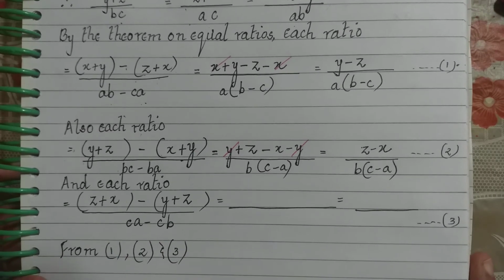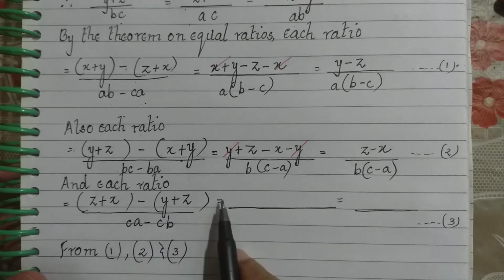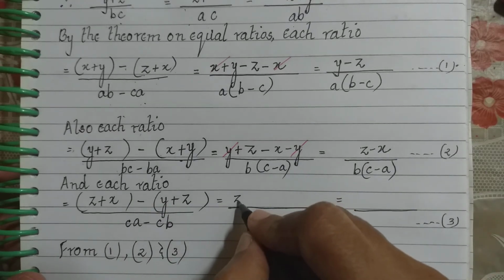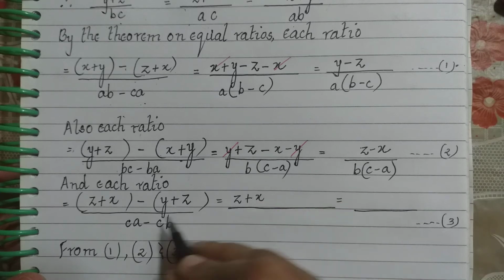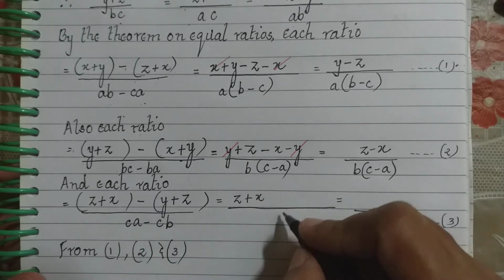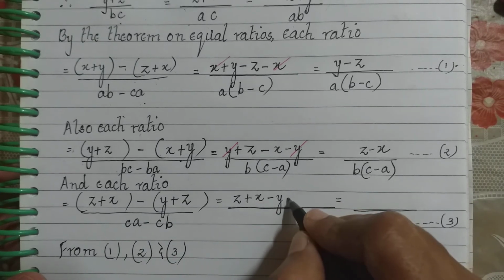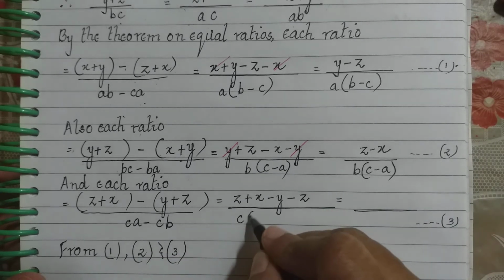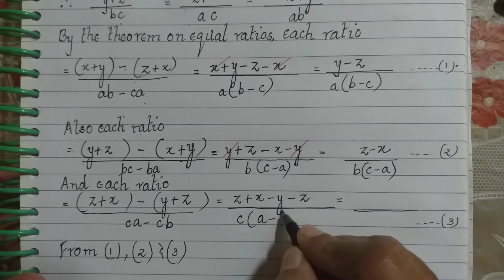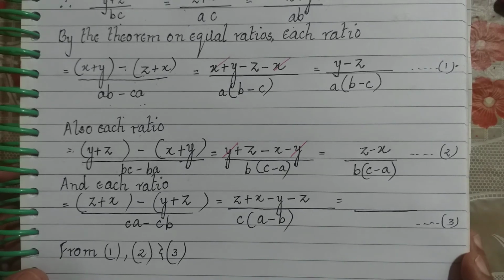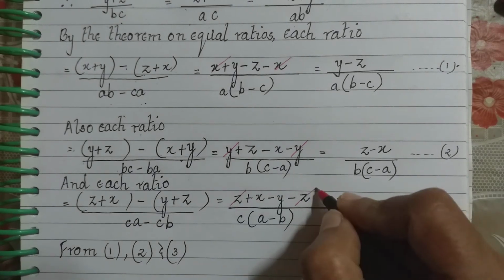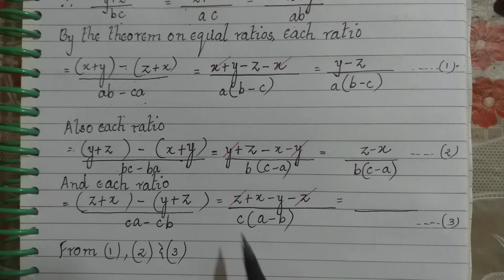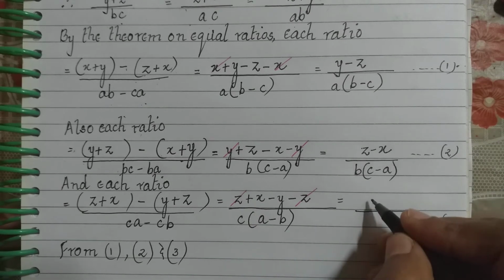Because c is common in both. Now opening the brackets here, I have z plus x. Now both these terms get the minus sign: minus y minus z. In both, c is common, so inside the bracket we have a minus b. Now here plus z and minus z we have, so z and minus z cancel. What is left? x minus y.